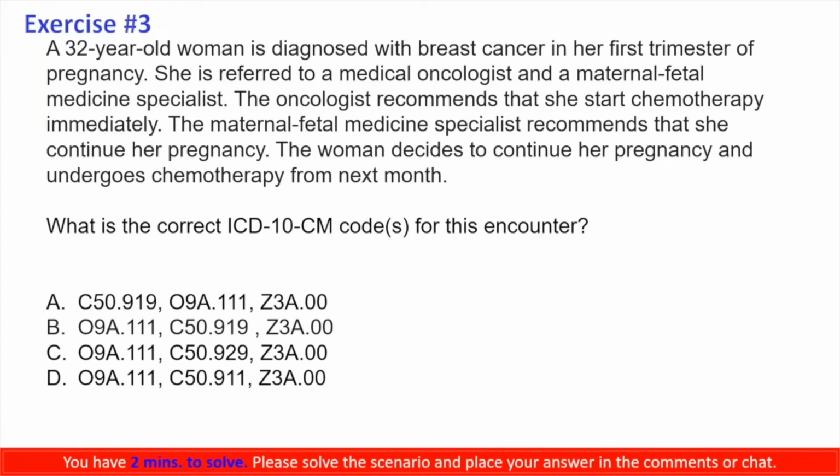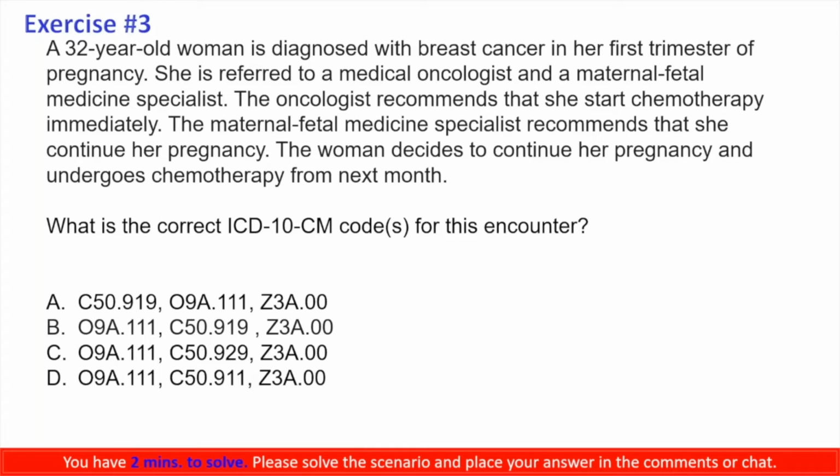Option C, O9A.111, C50.929, Z3A.00. Option D, O9A.111, C50.911, and Z3A.00. A 32-year-old female is diagnosed with breast cancer in her first trimester of pregnancy.